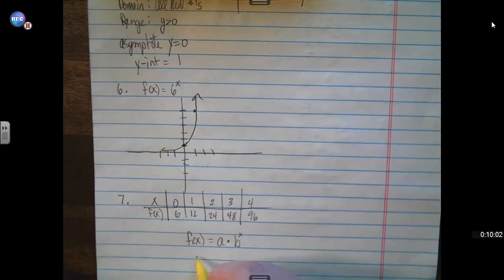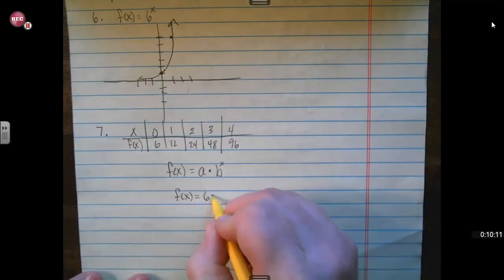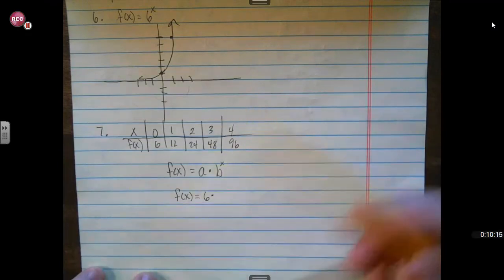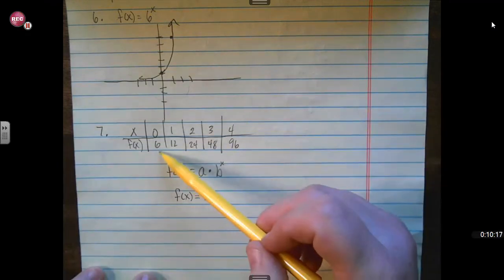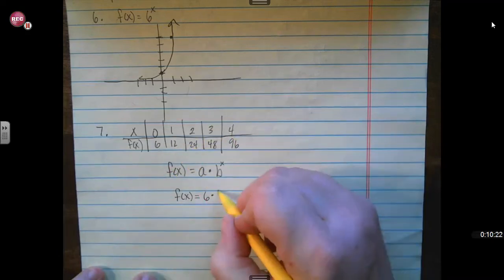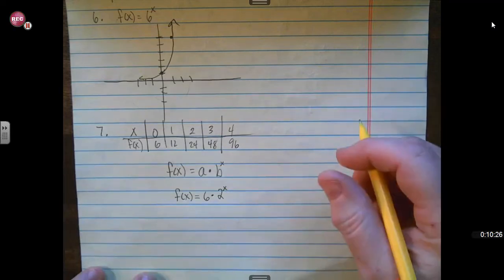In this particular problem, the first term is 6. B is that common ratio. It's what I'm going up by. So it looks like times 2 times 2 times 2 times 2. So 2 to the x, and that's the answer.